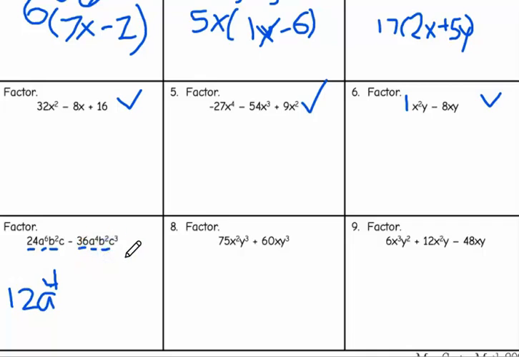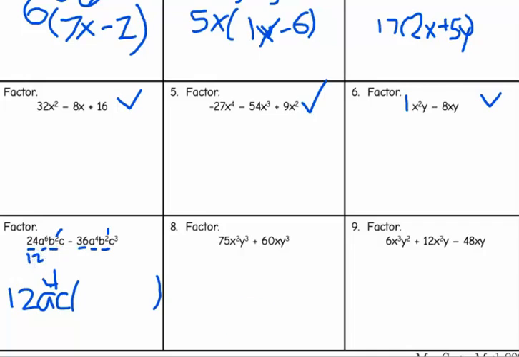Okay, in this case, since they both have 2, you can cancel those out. So it just erases. And let's do c. So this is c to the 1 and c to the 3. Okay, so we can take out the c to the 1. Like that. And then we got to finish our problem here.